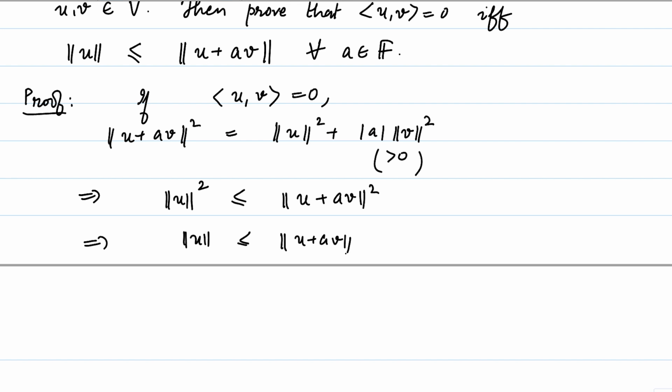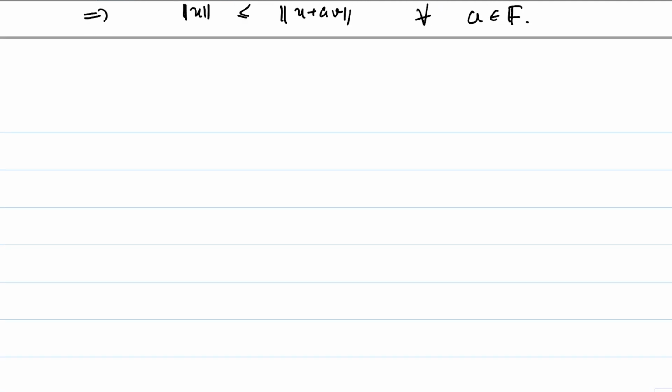Now this is true for all a in F. So we have proved one side of the result, which was easy. We have shown that if the inner product of u comma v is 0, if u and v are orthogonal, then the inequality is satisfied.